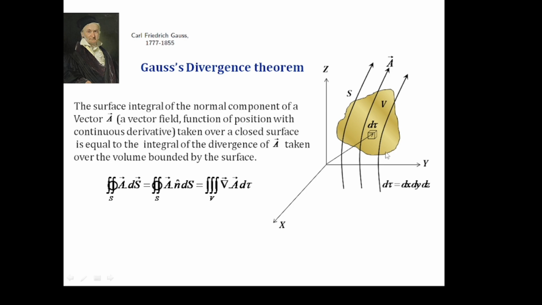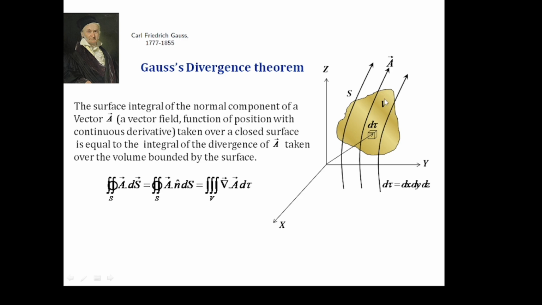This is a closed surface and these are the lines of force. This is the A vector. So the surface integration A dot ds is equal to the integral of the divergence of the vector A taken over the volume bounded by the surface.